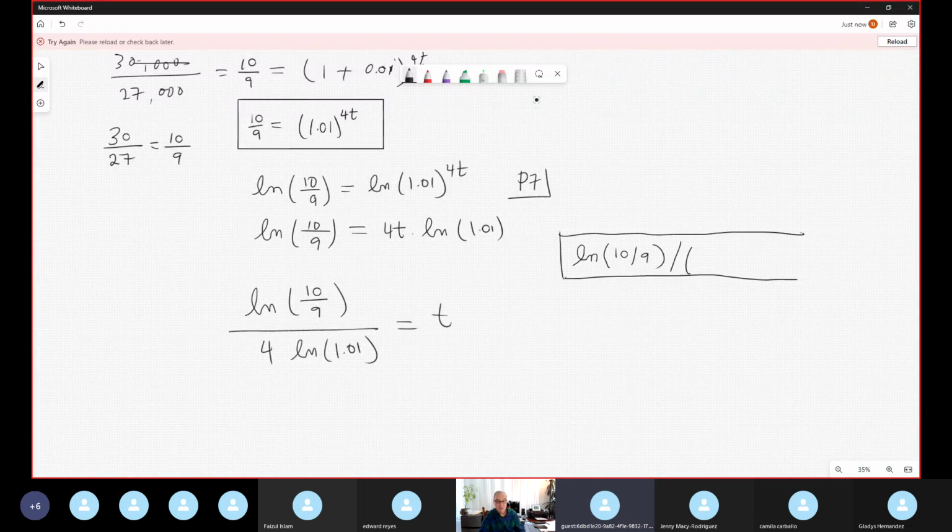Because we have two factors in the bottom: 4 times ln, parenthesis again, 1.01, and close both parentheses. The first parenthesis indicates the end of the logarithm in the bottom, and the last parenthesis indicates the end of everything in the denominator. This is the organization of the parentheses in the calculator. If you do not respect the parentheses, the calculator understands another computation and gives a wrong answer. Did somebody get the answer or no?